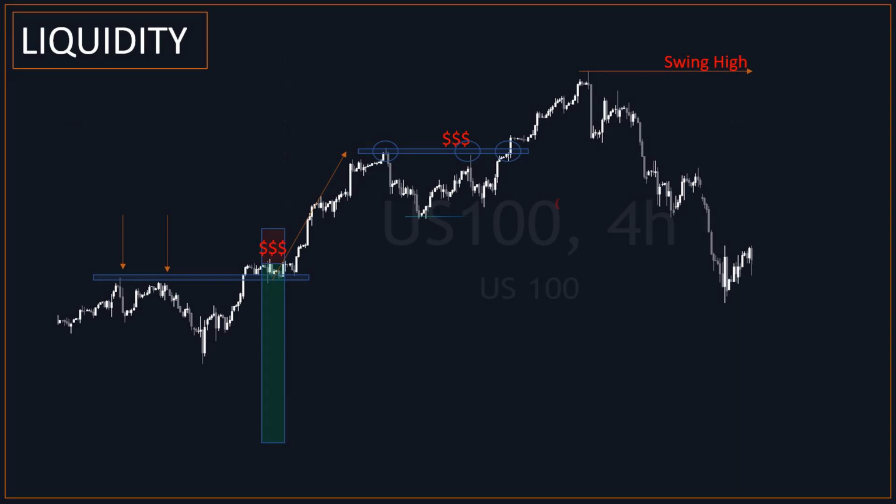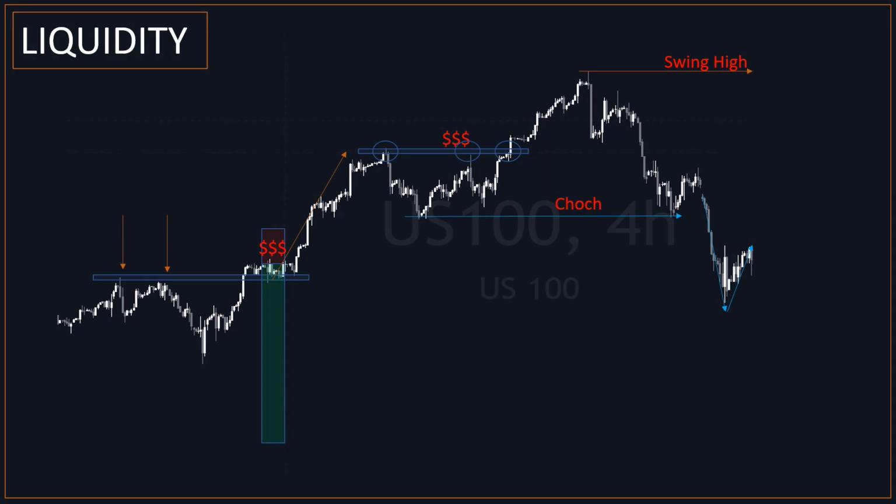So down here, we also notice a change of character. Okay. We notice a change of character here. And therefore, we know that the upward movement is coming to an end. And we're expecting sellers to start stepping in, pushing the price to the downside. Okay.